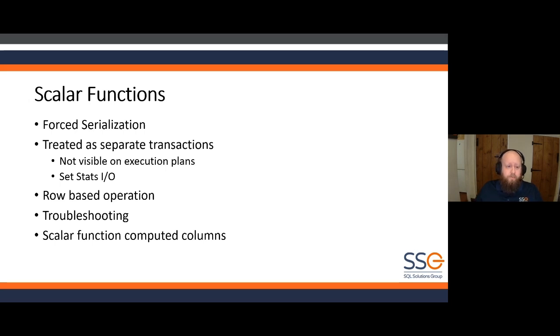Another problem we have with scalar functions is that because it's a function, it's treated as a separate transaction to your main query. If you've got a performance issue, you can run a query with an execution plan. Your scalar function won't be in there. Your query execution plan's lying to you.